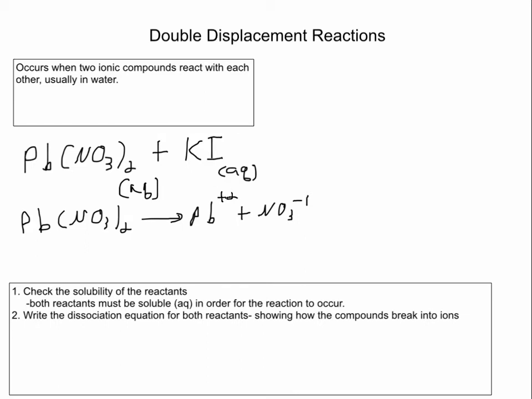And I should balance this so I can put a 2 here. So lead nitrate breaks into a lead ion and 2 nitrate ions. I am then going to do the same thing with potassium iodide, KI. It's soluble, so it's going to break up into potassium, which I know has a +1 charge because it's on the periodic table, plus iodide, which has a -1 charge.